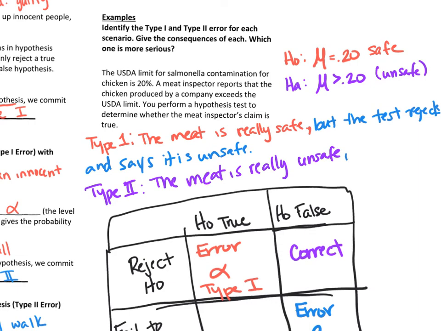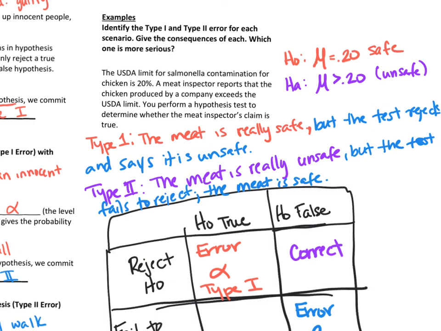But the test actually this time fails to reject, which means that it says the meat is safe. But what happens there? The meat is really unsafe, but when we run our test it says the meat is safe.